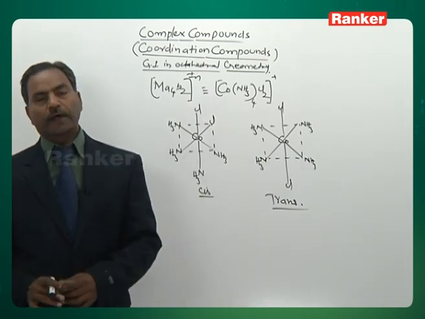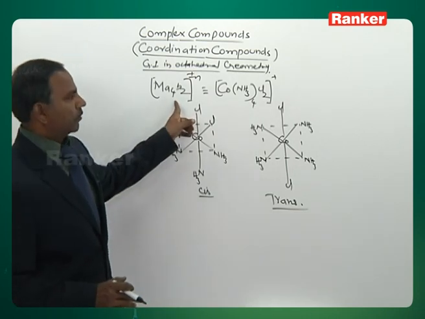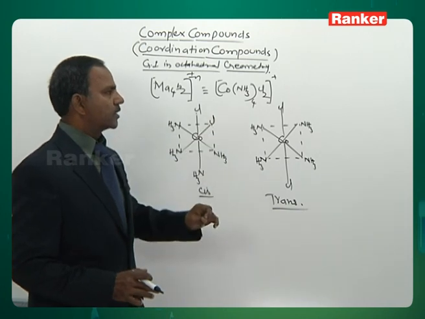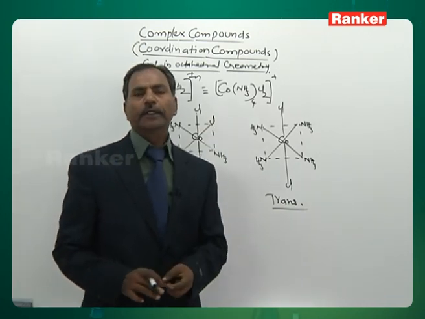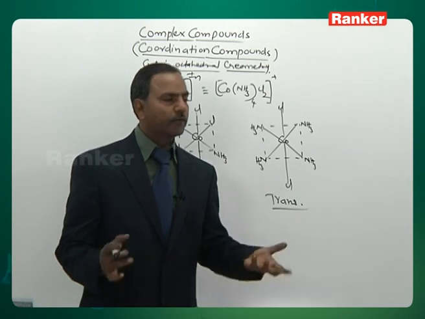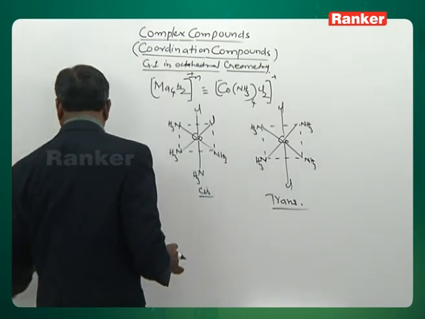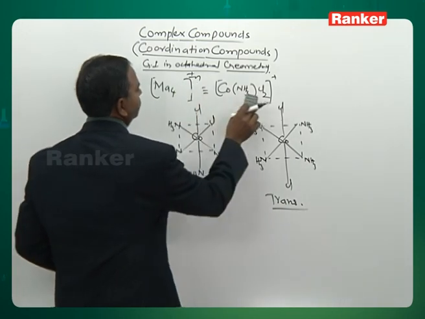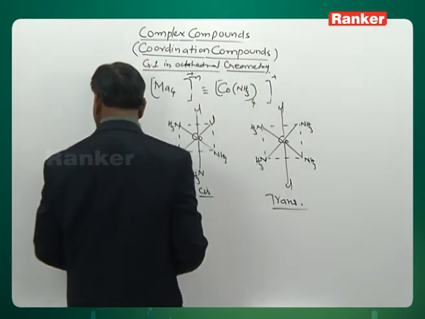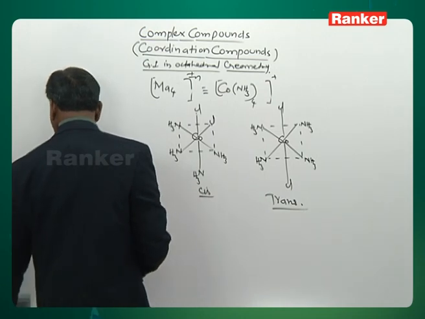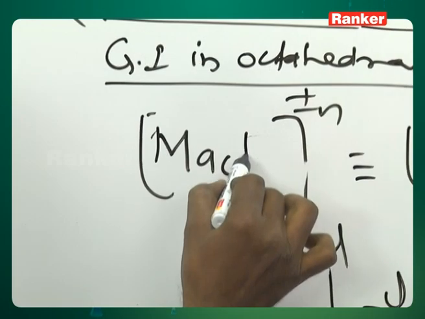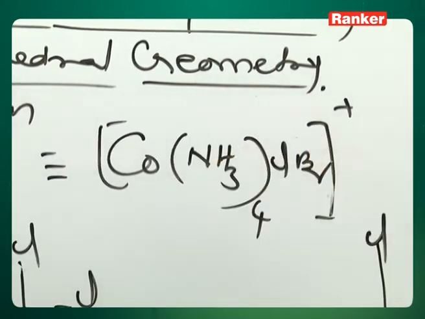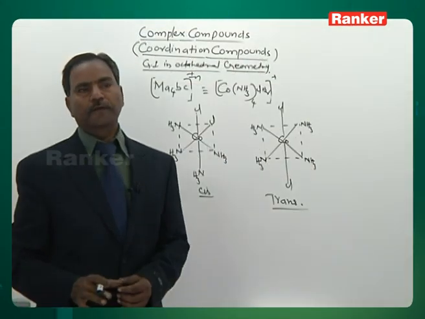You can also take next one, Ma4B2 I have written now. You can take Ma4BC. Keeping the two different ligands, let us consider simply one is chloride, one is bromide. Simple to write this particular next type, Ma4BC type. Now, one is Cl, the other one is Br. Two different ligands.